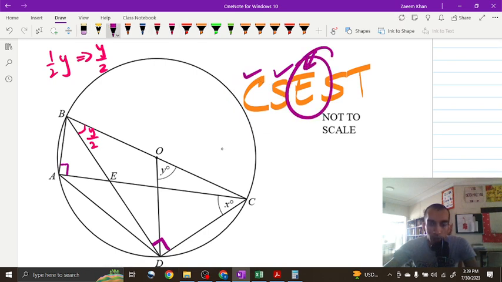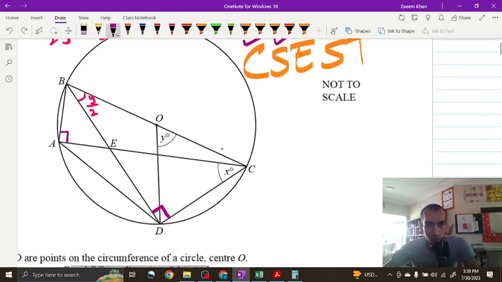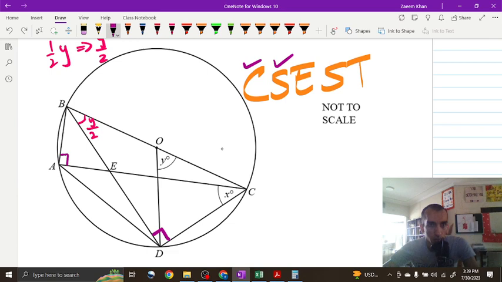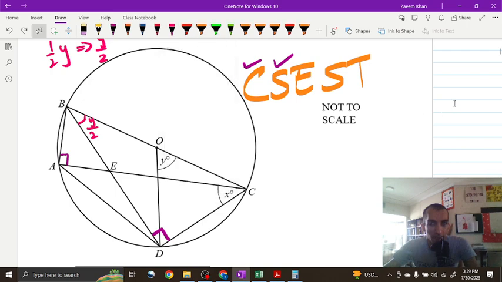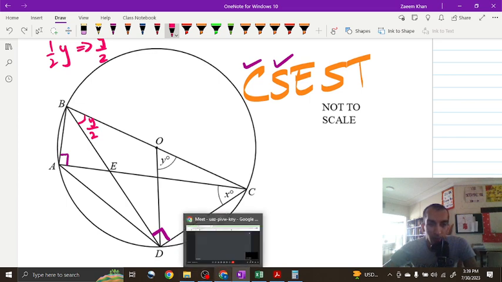Can we use this property? Yes. Where? Angle BCE and ADE.